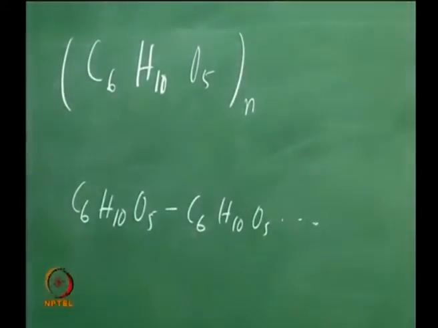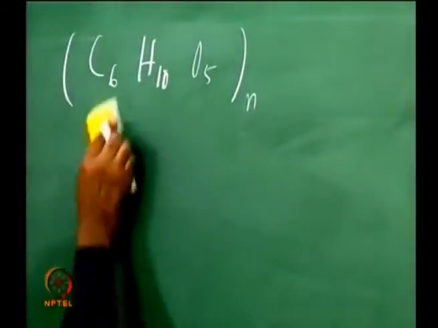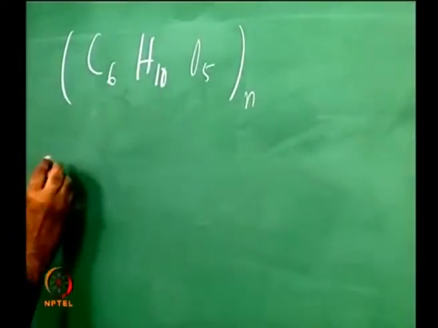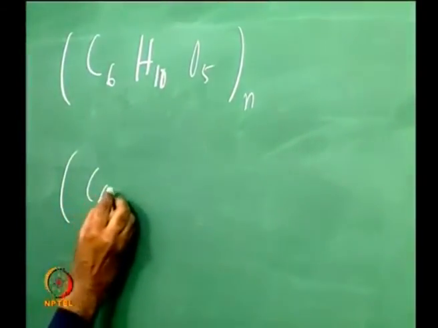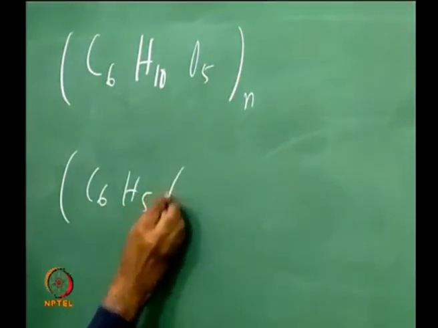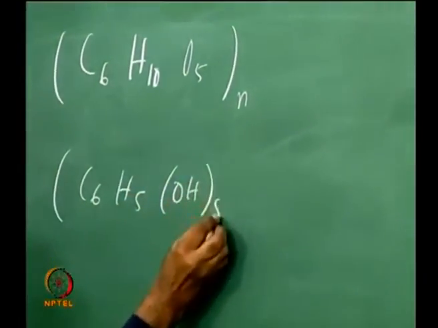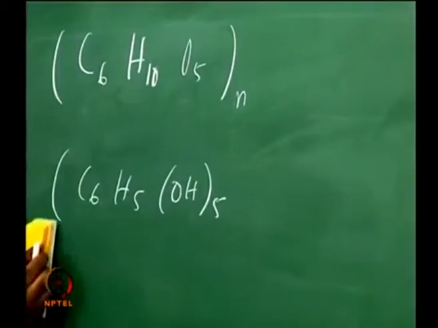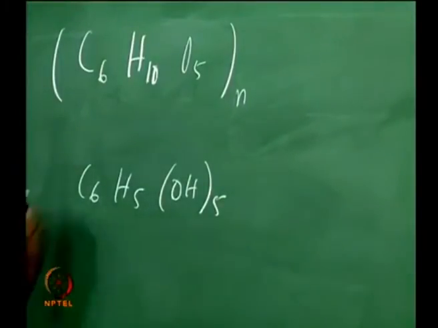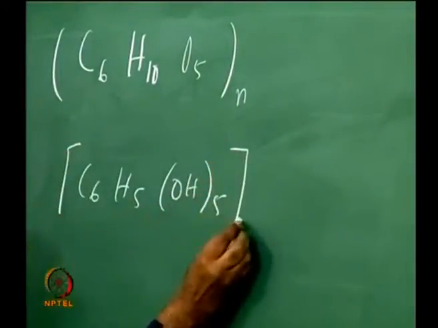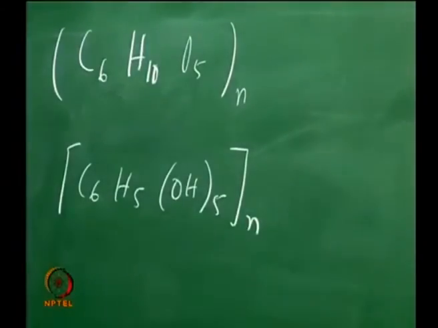Now we can also write this above formula as C6H5 into OH5, and therefore I say yes, it consists of a number of these molecules together, maybe n of them together.